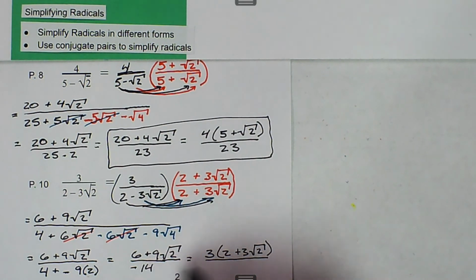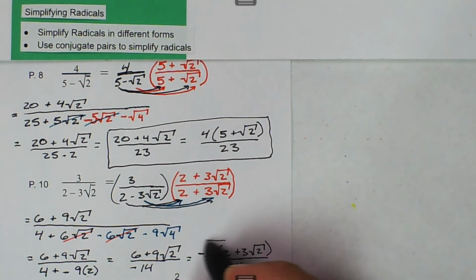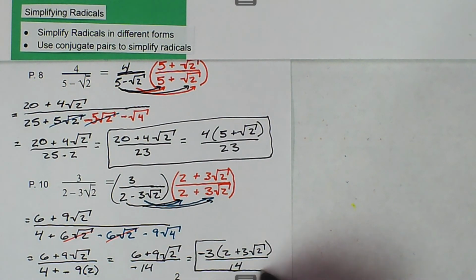But we don't like a negative in the denominator. So what we can do is put that negative up top with the 3. And then this will be the final answer for that one.